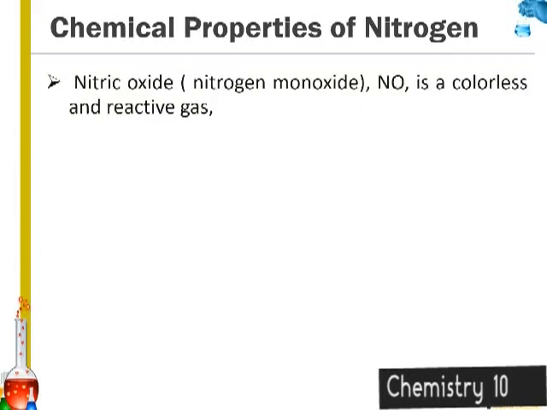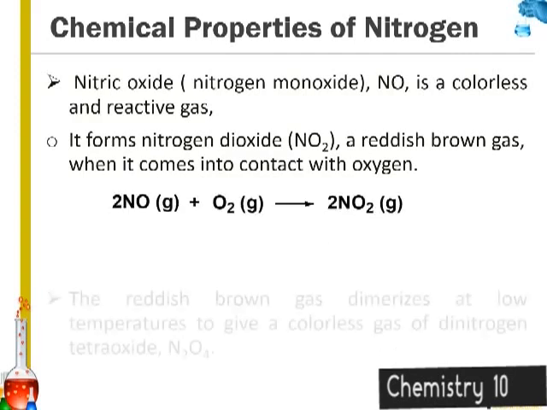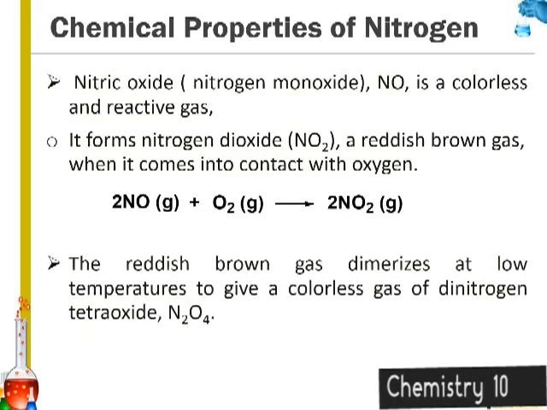Nitric oxide, or nitrogen monoxide, is a colorless and reactive gas. In the presence of oxygen, it forms nitrogen dioxide, a reddish-brown gas. The reddish-brown gas can dimerize at low temperatures to give the colorless gas of dinitrogen tetraoxide.